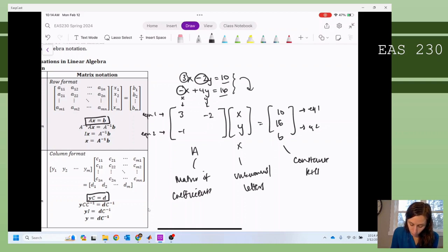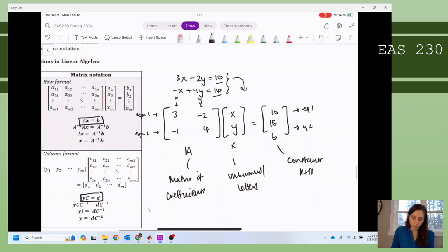And the number in front of Y for equation 2 is a 4. And there we go. I have filled my A matrix with my coefficients from my system. Notice X, Y matches this. They need to be in the same order. And there we go. I have written my system of equations here in matrix format, AX equals B.